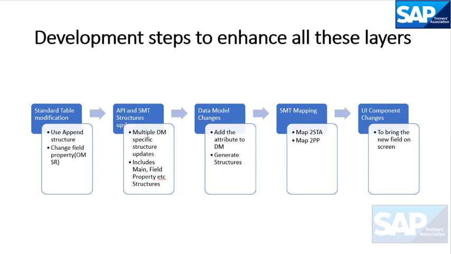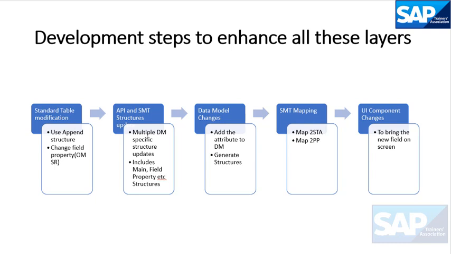Those structures are mainly related to the main entity, the field properties, and other flags that will be used internally by the system to identify what the field properties are, whether to show them or not, whether it is hidden. All these things will be controlled by those structures.